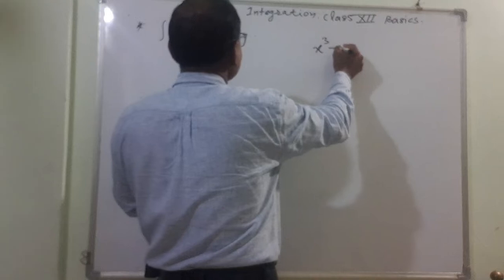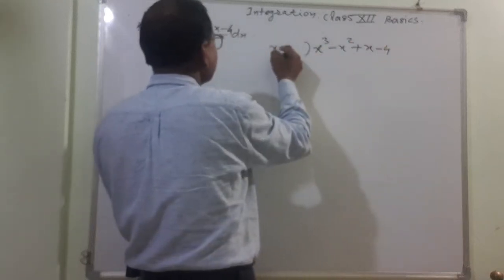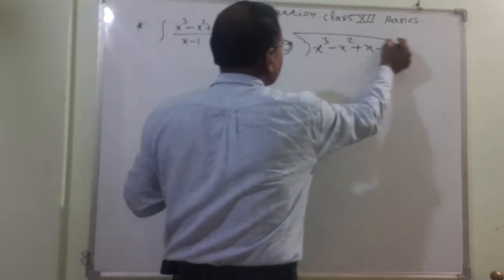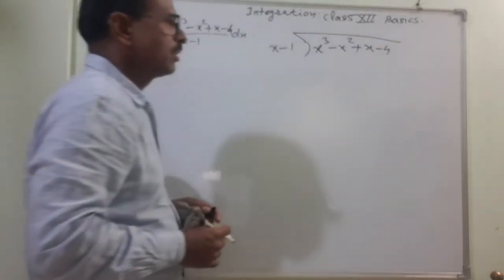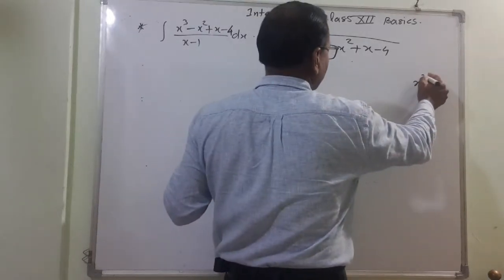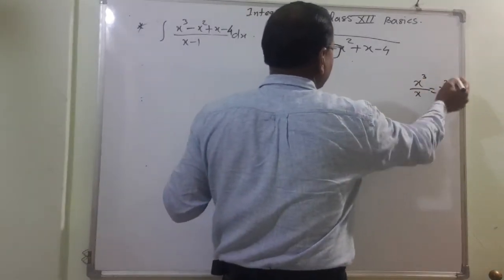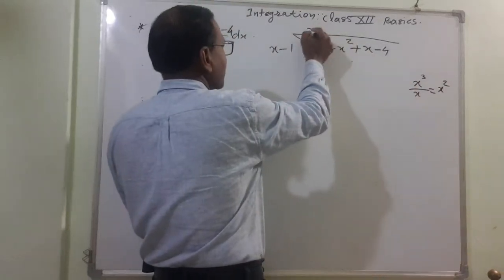x cube minus x square plus x minus 4 divided by x minus 1. So take the first x cube upon the first of this x, and that is equal to x square. So first division is x square.